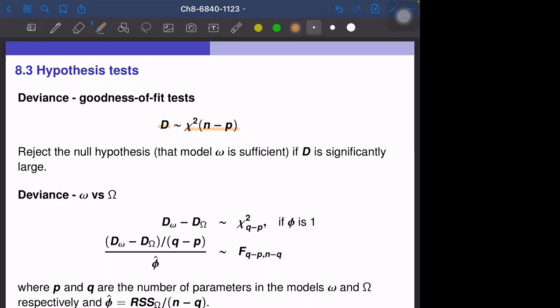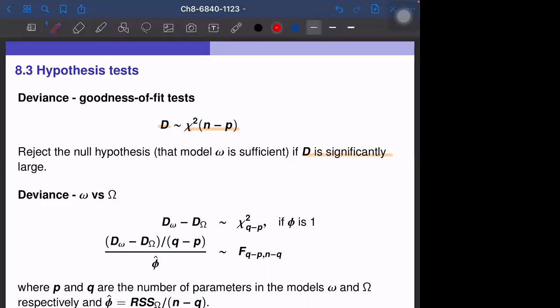So we reject the null hypothesis if this D is large enough. If D is large, then basically the difference between our model and the saturated model is large. So we reject the null hypothesis and support the alternative, that is, the saturated model.